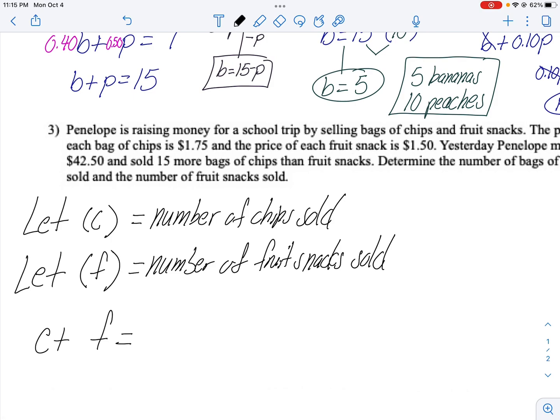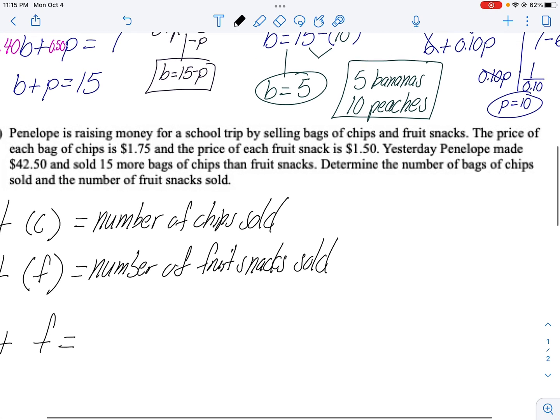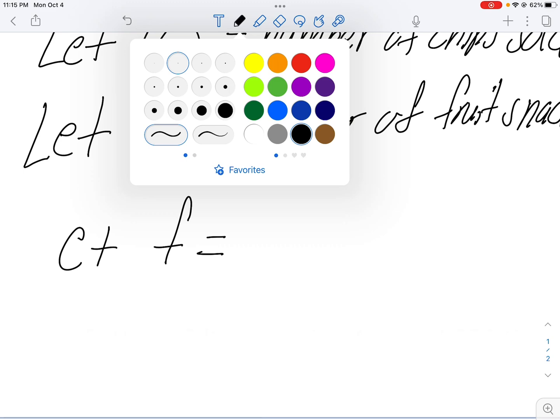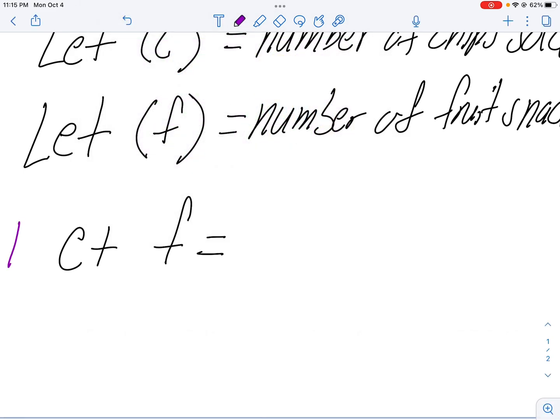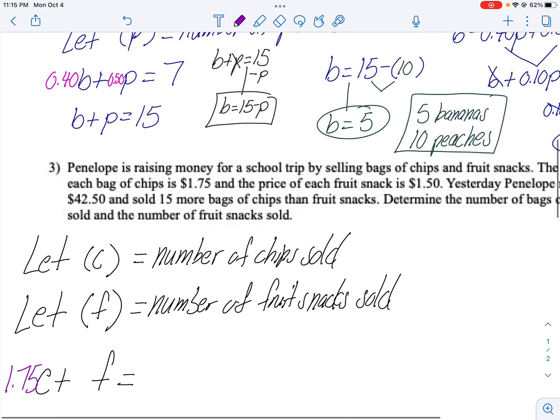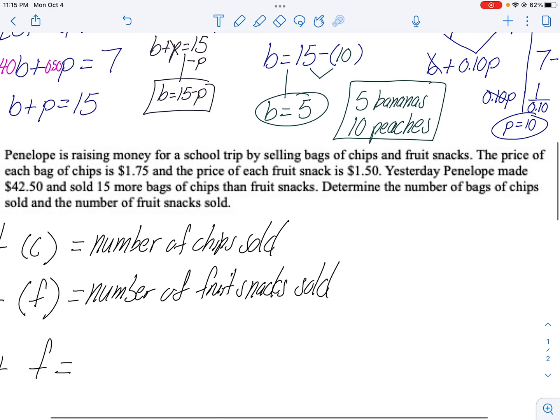All right. So let's see how much each bag of chips is. The price of each bag of chips is $1.75. Okay, so let's go with 1.75. How much is each fruit snack? Each fruit snack is $1.50.